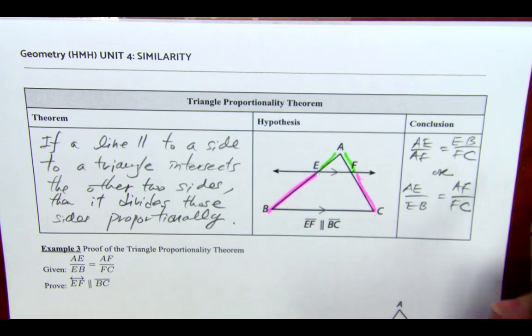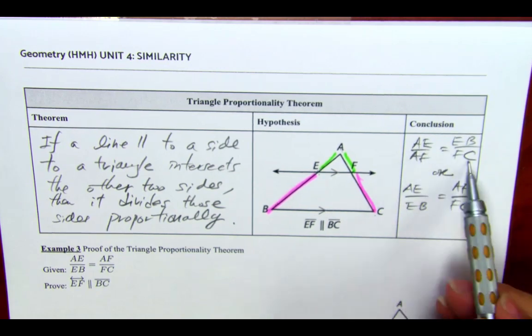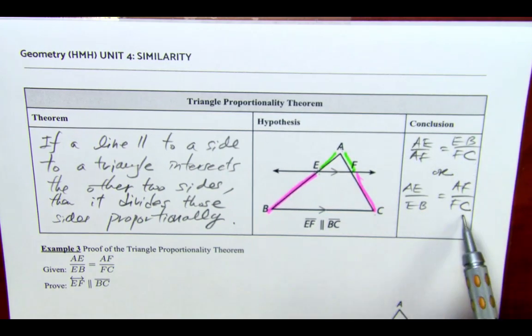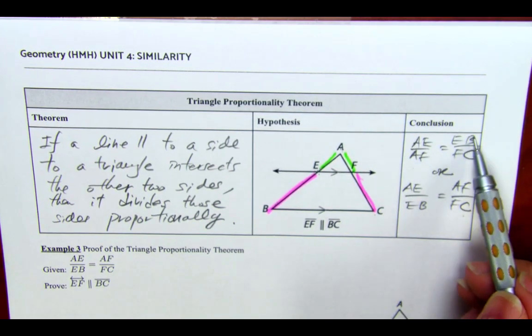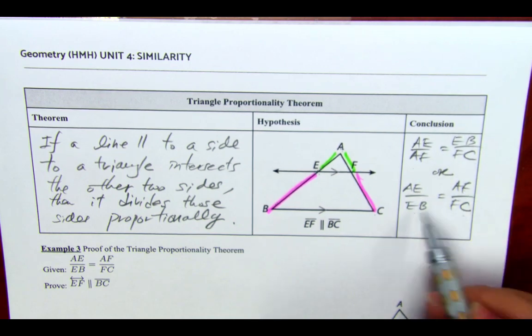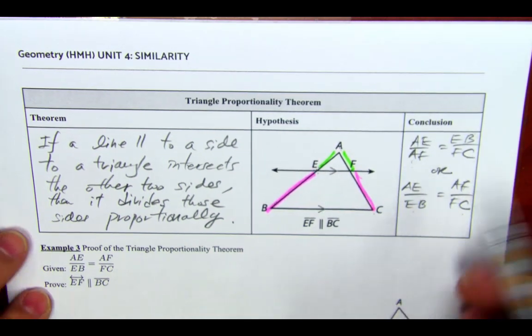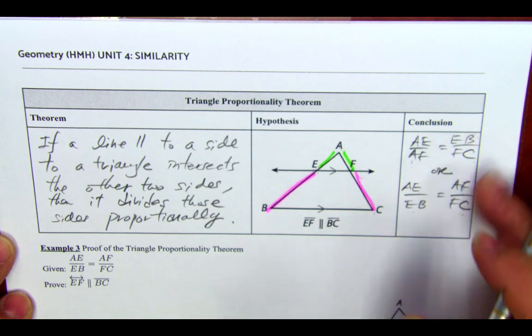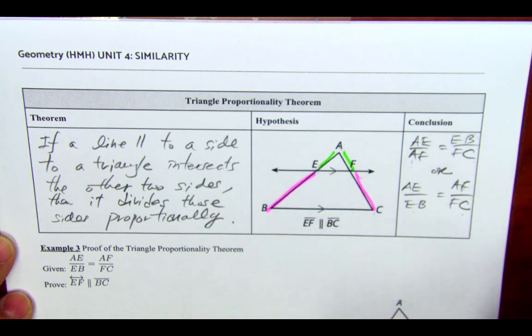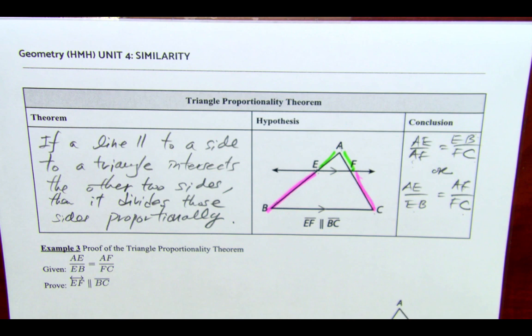If you're not sure if this is true, if you cross multiply both of them, the result will be the same. When you cross multiply, it's AE times FC, just like this one. And here, it'll be AF times EB, and it'll be EB times AF. The order in which it multiplies is different, but it's actually the same thing. And that's one of the ways for you to figure out if this is in fact true.